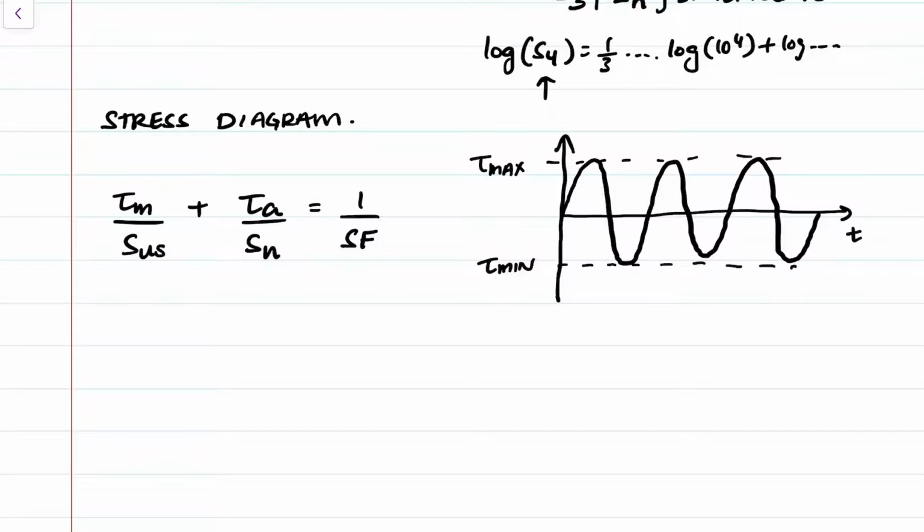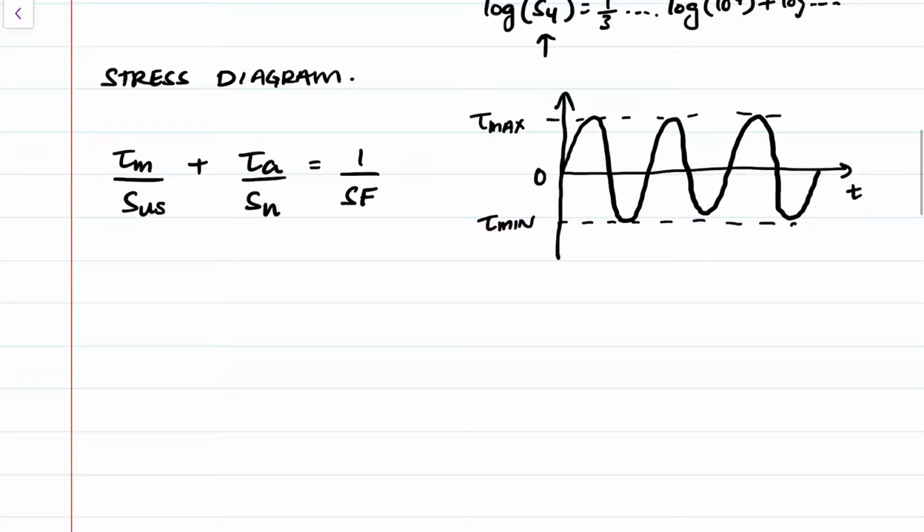So as I said earlier, this is centered about 0. So just by looking at the waveform, you can tell that the mean stress is going to be 0. But you can calculate that with an equation as well. So the mean stress is going to be the max stress plus the min stress over 2.